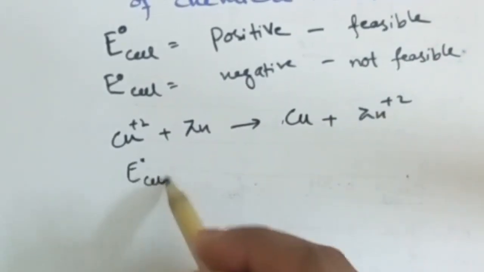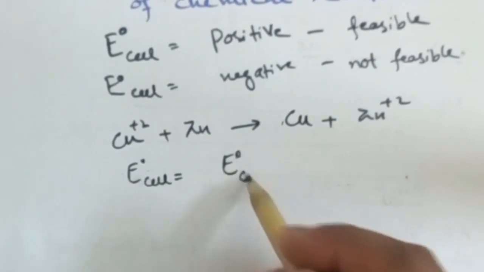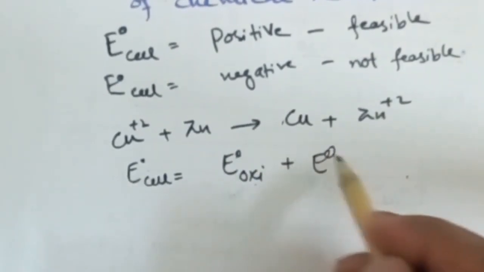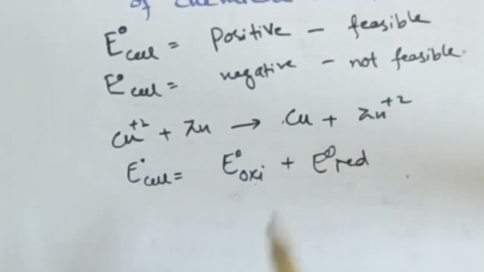The electrode potential of this cell is equal to the oxidation potential plus the reduction potential.